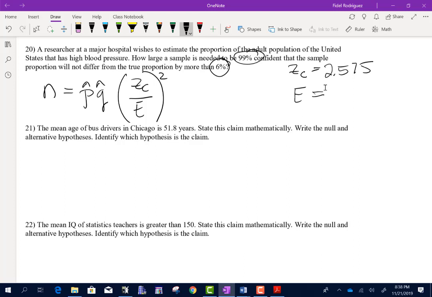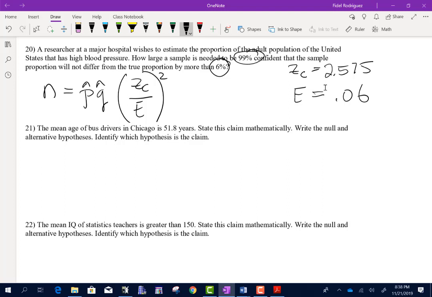How would I write 6% as a decimal? 0.06, right? Look at what it says: assuming you have point estimates; otherwise we're going to use P hat to be 0.5 and Q hat to be what?